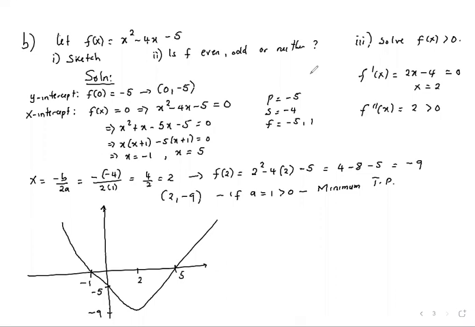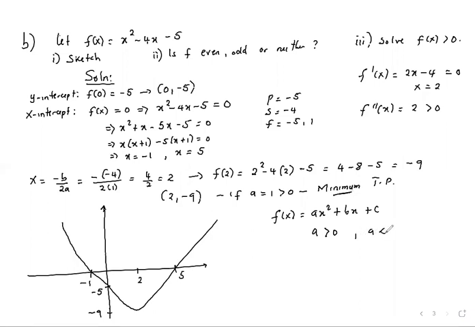Sir, kindly repeat the minimum statement. A quadratic always comes in the form ax squared plus bx plus c. Should a be positive, the point you get will be called the minimum turning point.